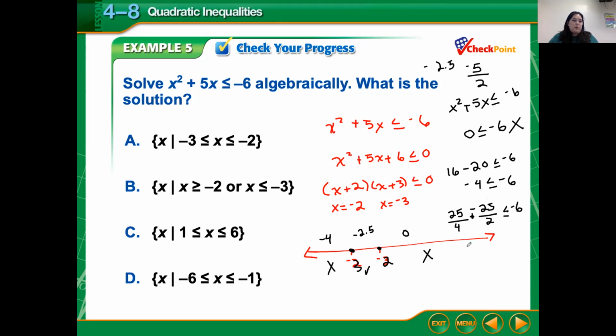So 25/4 is the same thing as 6.25. I wanted to double check that.